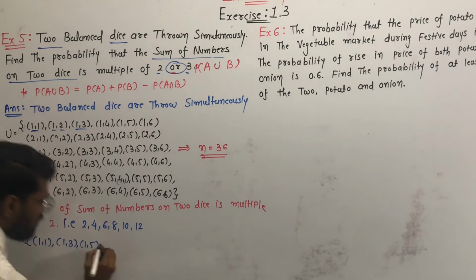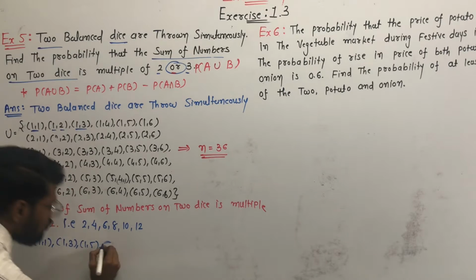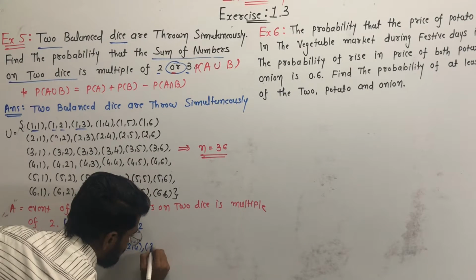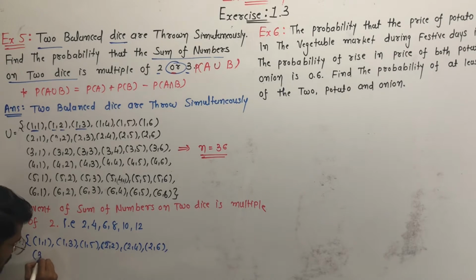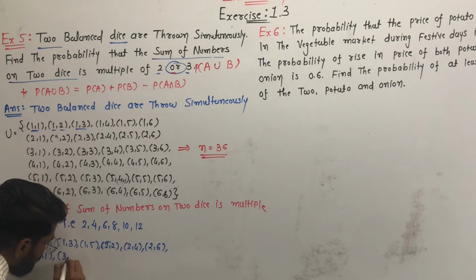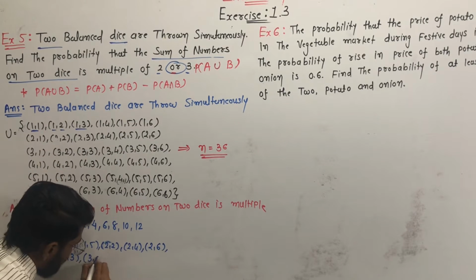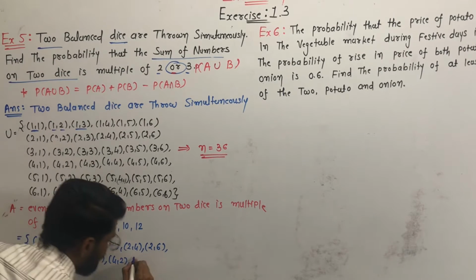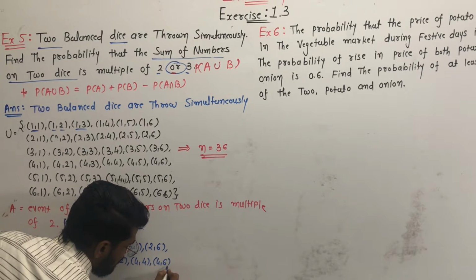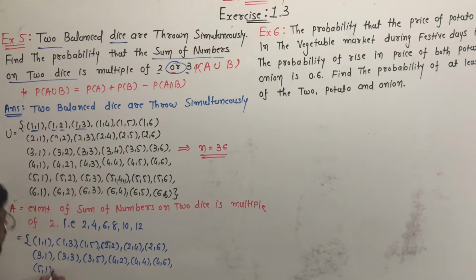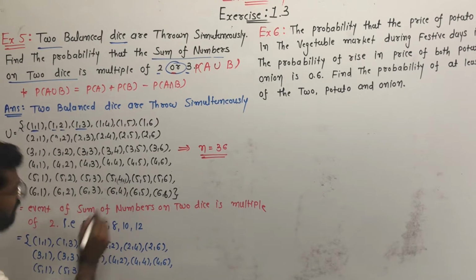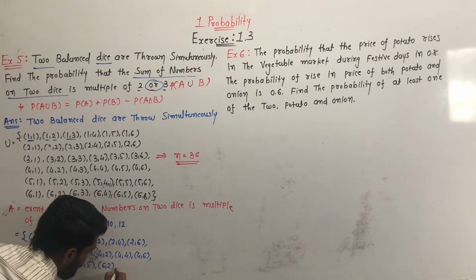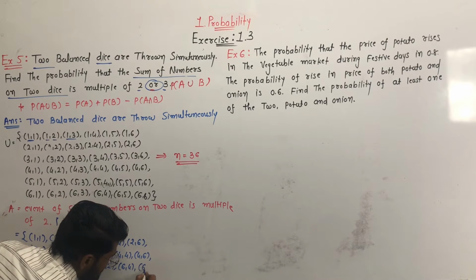Okay, 2 1 is not included, 2 2, 2 3, 2 4, then 2 6, then 3 1, then 3 3, then 3 5, then 4 2, 4 4, 4 6, yes, then 5 1, 5 3, 5 5, then 6 2, then 6 4, and 6 6, yes.